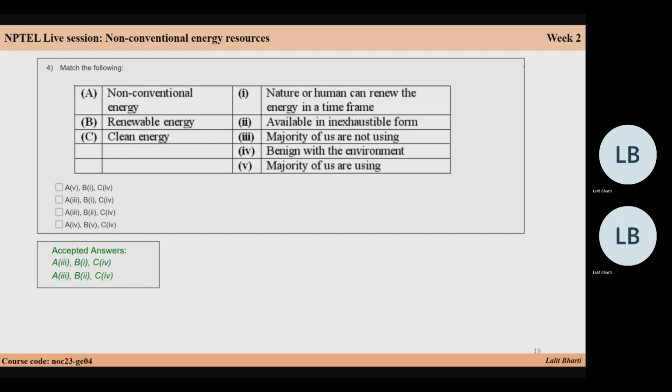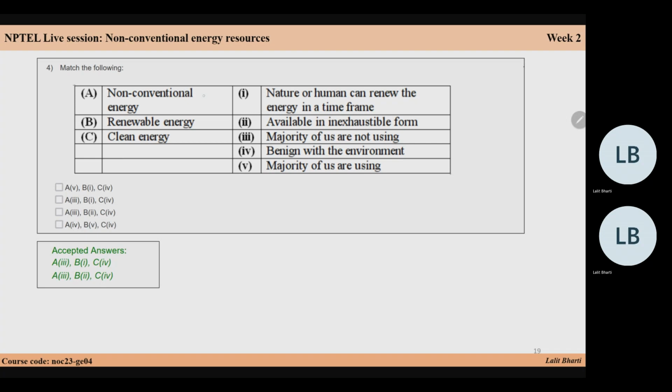The next question is, we need to match the following. The first is non-conventional energy, and the other four options are: nature or human can renew the energy in the time frame, availability, and majority are not using.